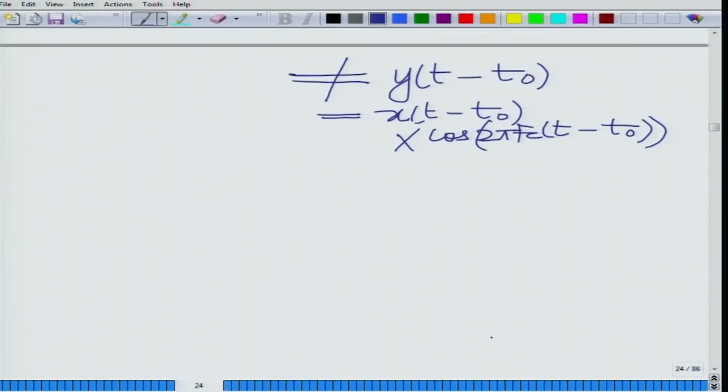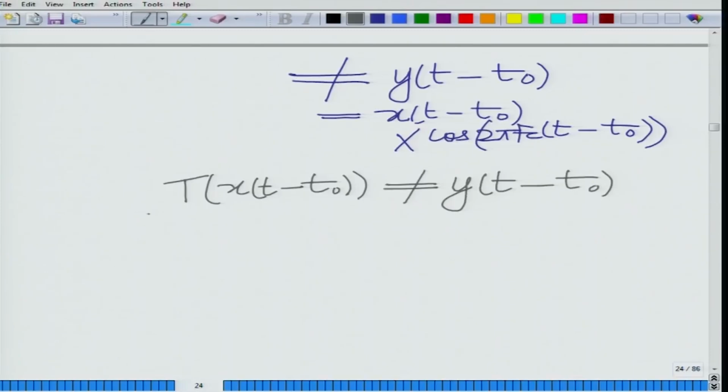What you can see here is that, interestingly, T of x of t minus t naught is not equal to y of t minus t naught. That is, if you delay the input, the resulting output is not the output corresponding to x(t) delayed. Similarly, these two things are different, that is T of x(t minus t naught) is not equal to y of t minus t naught.